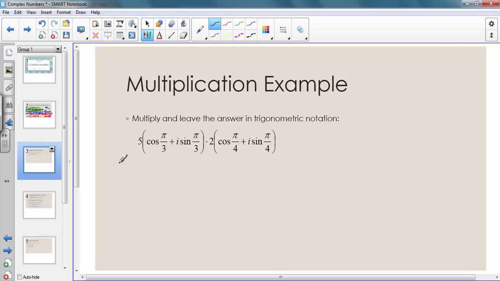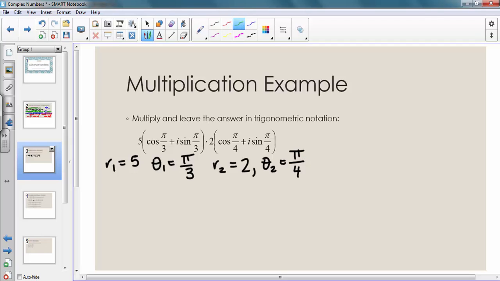So the first thing that we want to do is figure out what is r1. Well, r1 is 5. Theta 1 is pi over 3. r2 is 2. And theta 2 is pi over 4.